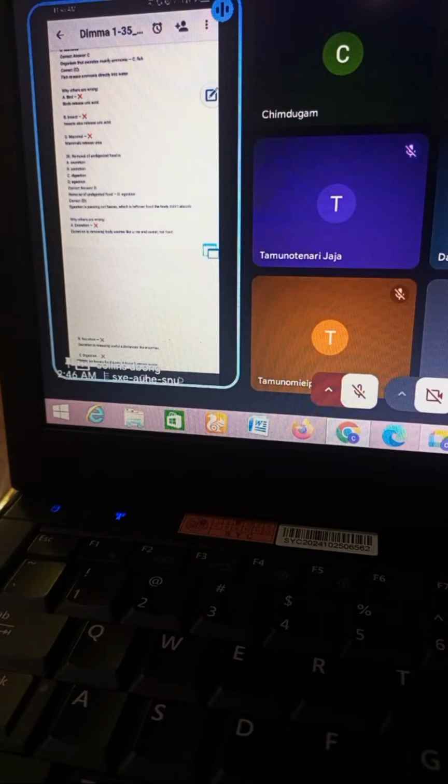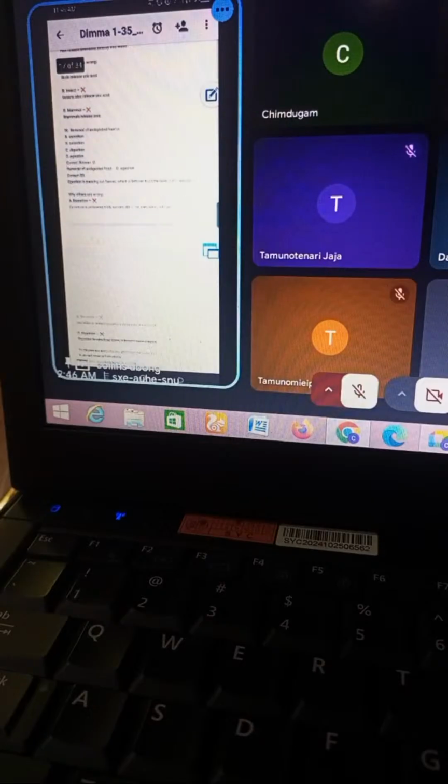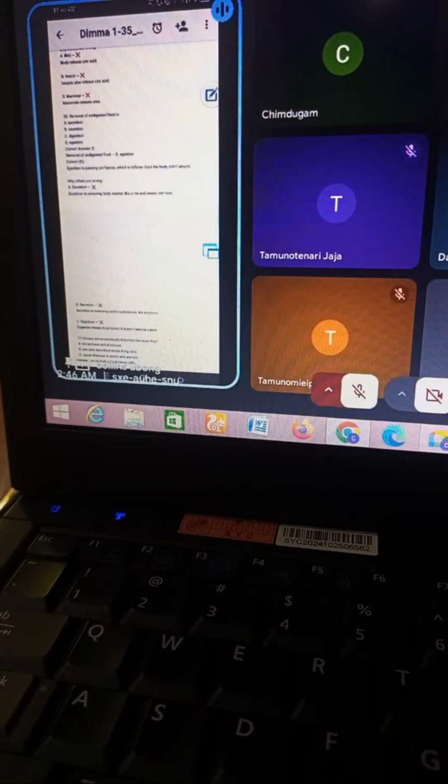Why others are wrong? Excretion. Excretion is removing body waste like urine and sweat, not food. Then B, secretion. Secretion is releasing useful substances like enzymes. And then C, digestion. Digestion breaks down food. It doesn't remove waste.